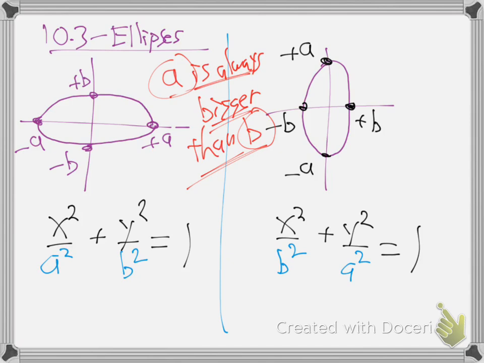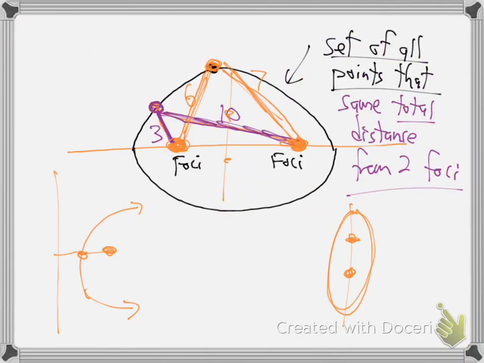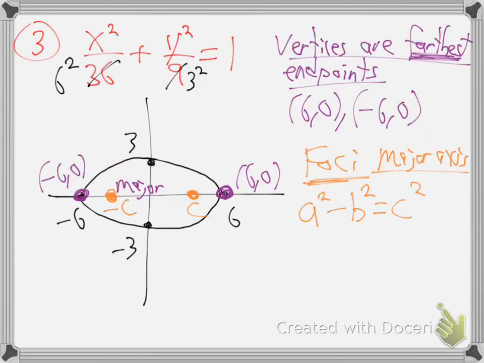So notice I'm putting the A's on the bigger direction, aren't I? See that? So A plays the role of the bigger one, whichever that may be. If it's wider, then A goes with X, because it's wider. If it's taller, then A goes with Y, because it's more up and down. You with me? So, coming back here, whoops, there's all my failed attempts.